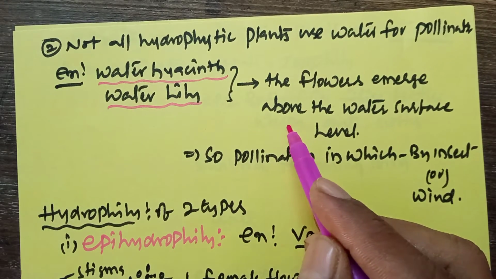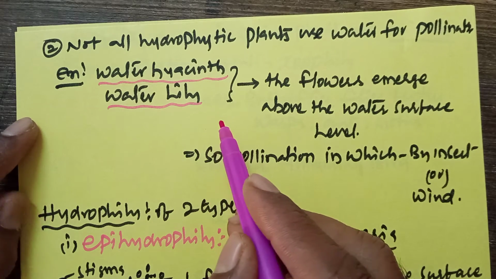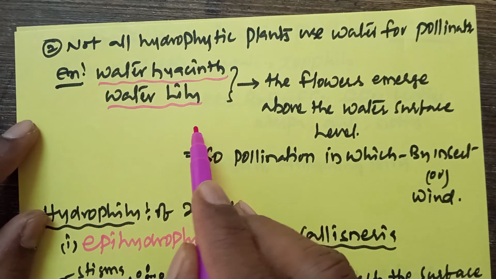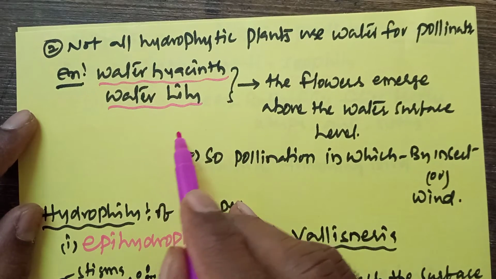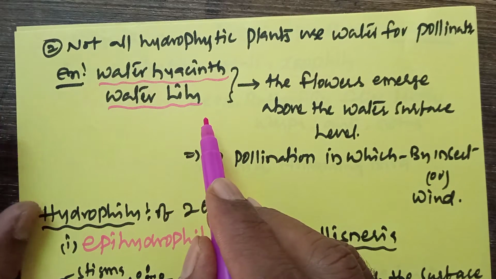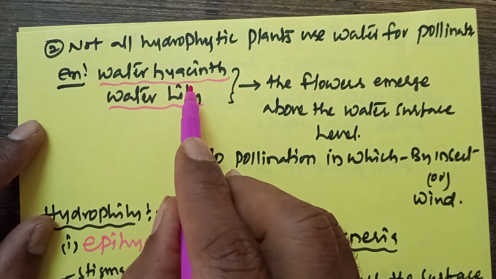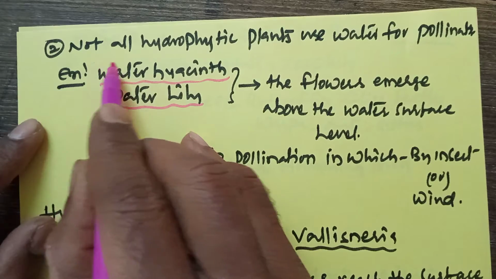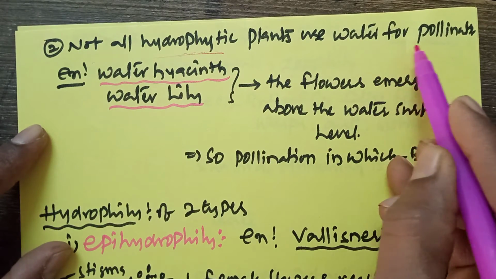When we observe water pollination or hydrophily, only a few types of plants prefer hydrophily. Some plants may not prefer hydrophily, even though they belong to hydrophytes. So not all hydrophytes prefer water pollination.